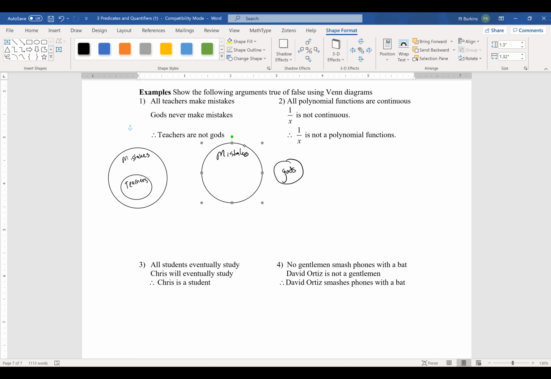So statement 1, all teachers make mistakes. Statement 2, gods never make mistakes. The conclusion says, then teachers are not gods. So if we put the two things together, now we've got mistakes. We've got teachers inside there.